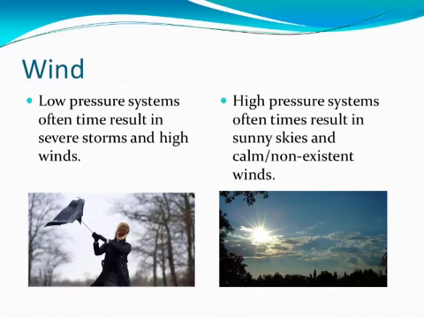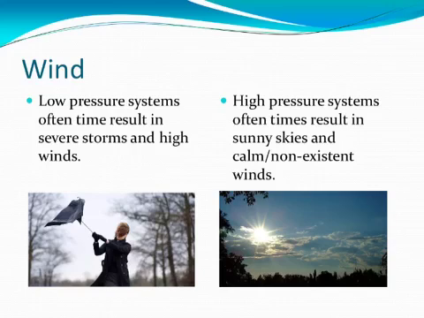Okay, so we oftentimes associate low pressure with windiness and high pressure with non-existent winds. When we talk about low pressure, oftentimes it deals with the idea that things are moving very quickly, whereas in high pressure things are moving less quickly.